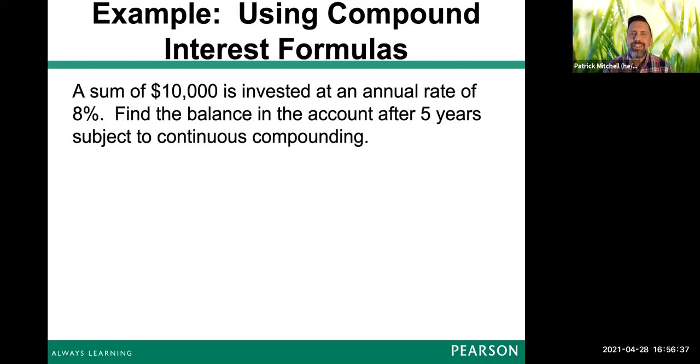So what I would like to do now is return to the problem that we just did a little bit ago. A sum of $10,000 is invested at an annual rate of 8%. Find the balance in the account after 5 years, subject to continuous compounding. So is it going to be a lot more than what we got in the last problem? So let's go back to the tablet.